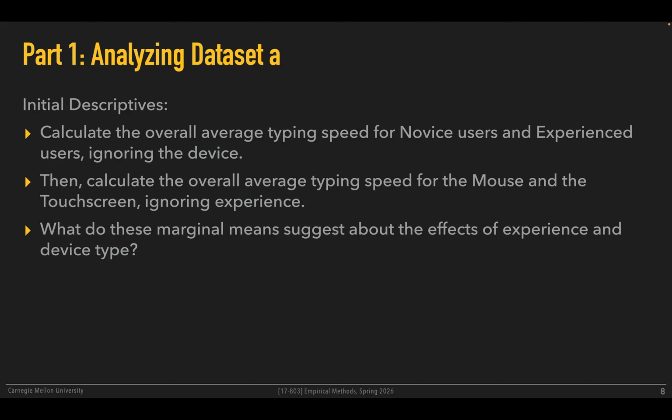And then do the same thing for devices separately, independently. So mouse versus touch screen. Calculate the overall average typing speed for those. And then tell me what your conclusion is about the effects of experience and device type on typing speed from this analysis. So just this.